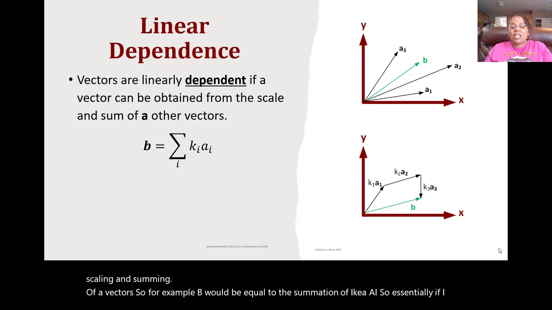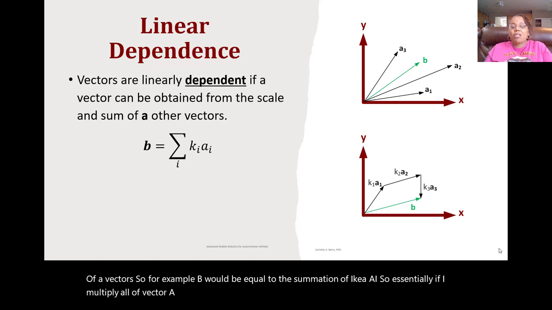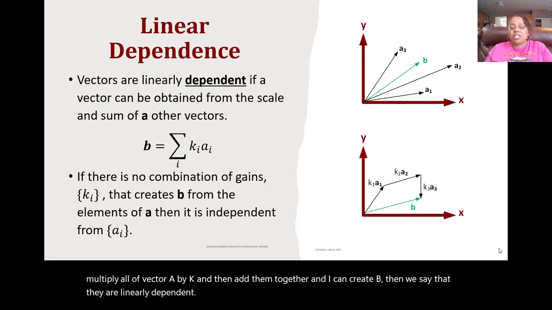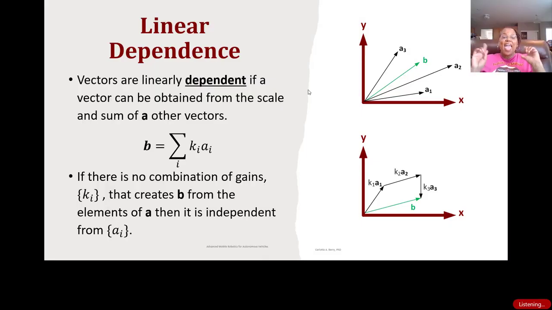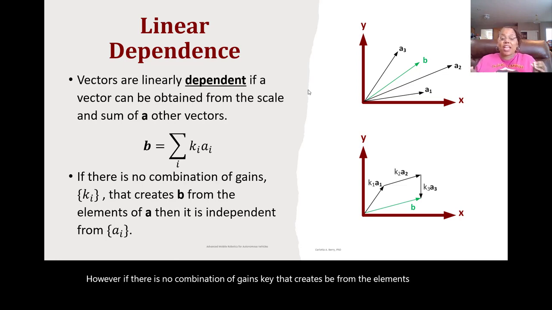So essentially, if I multiply all of vector A by K and then add them together and I can create B, then we say that they are linearly dependent. However, if there is no combination of gains Ki that creates B from the vectors A, then we say that these vectors are linearly independent.